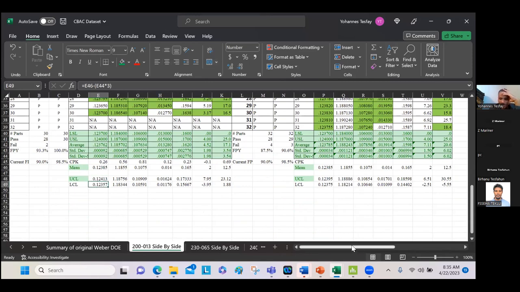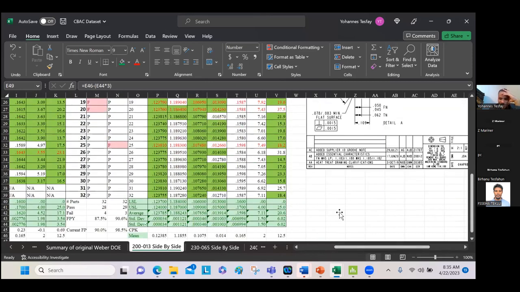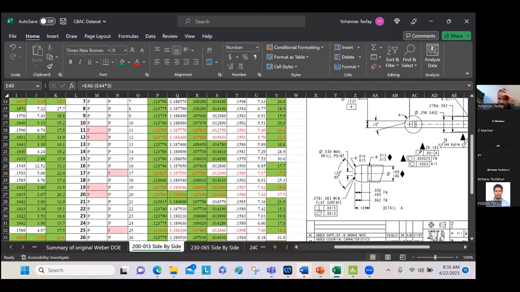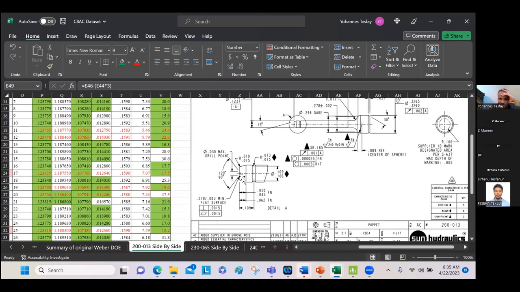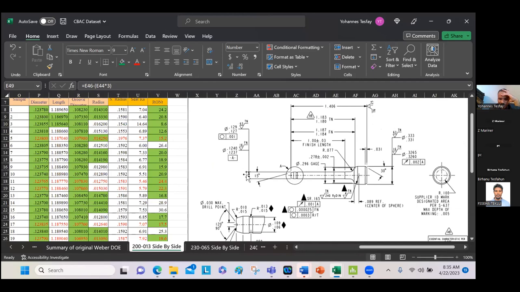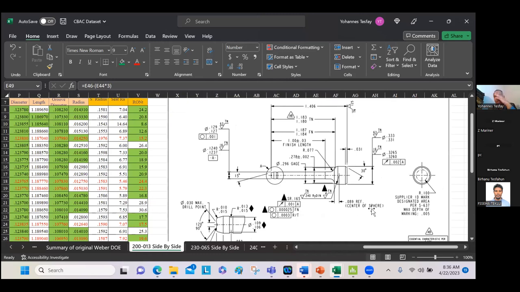I'm going to look at which diameter that is. I think this is the stem diameter. 0.123 upper spec, and the lower spec is like that. It is a very complex part because the specification is tight.